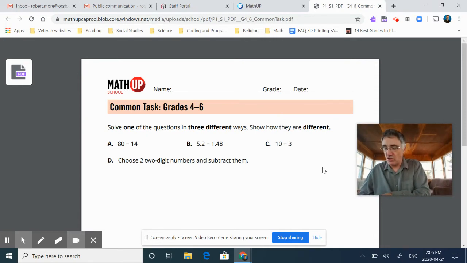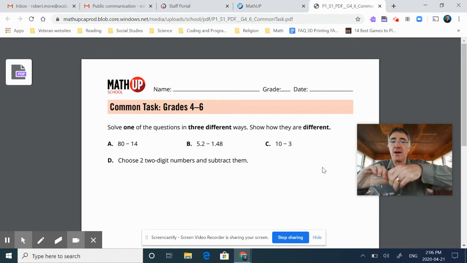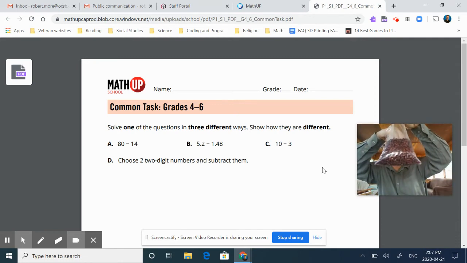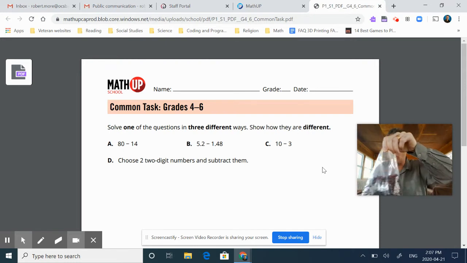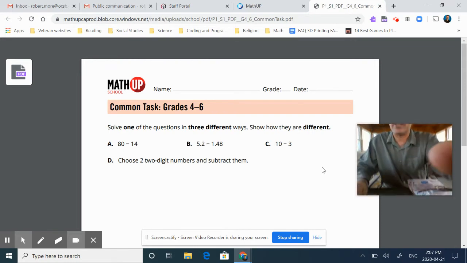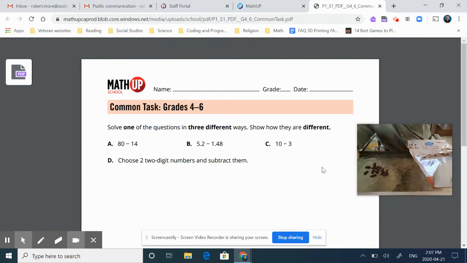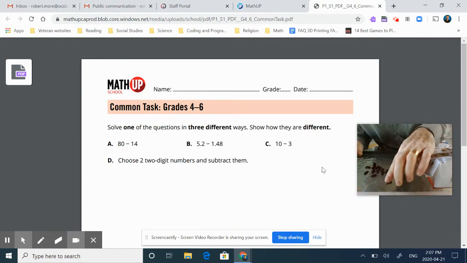I am going to do this as base 10. So I'm going to open up the kidney beans. I've got a lot of kidney beans here, so I'm going to use these as my ones. I'm going to count them out here if I can get my angle right. 1, 2, 3, 4, 5, 6, 7, 8, 9, 10.